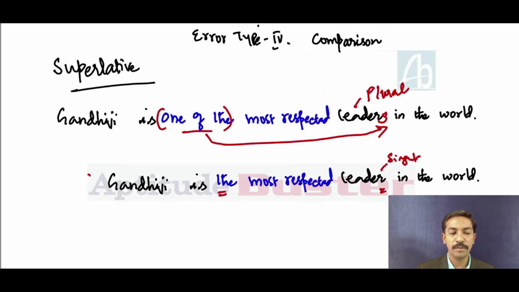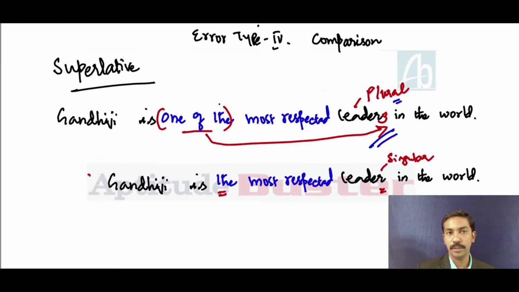Reason, even though there are many leaders in the world, of them Gandhiji is the most respected. Now you can easily remember the difference between these two sentences, but particularly this is where you need to remember: when you have one of the in the spotting error question, just immediately look for the corresponding noun. The noun must be in plural.